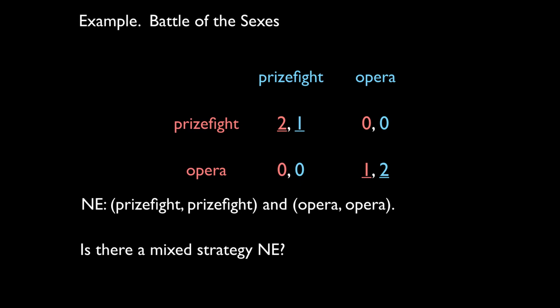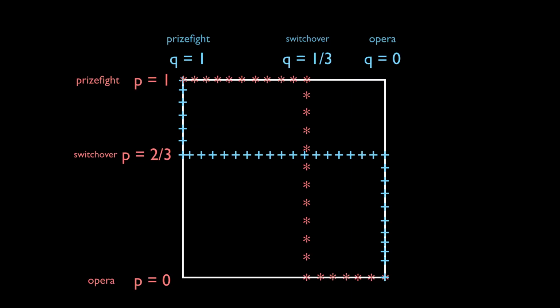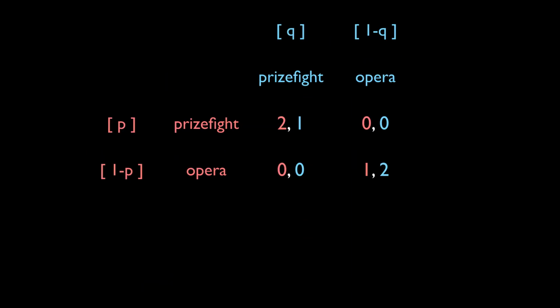Let's do our box diagram. I put my P's and Q's up there. Let's do the stars first.